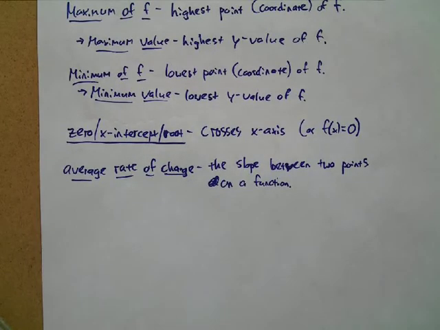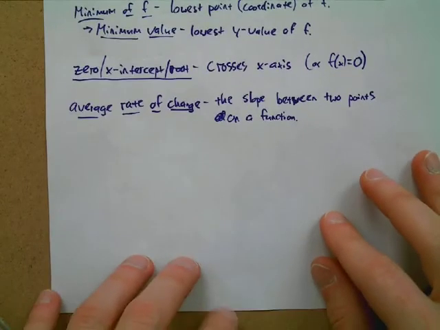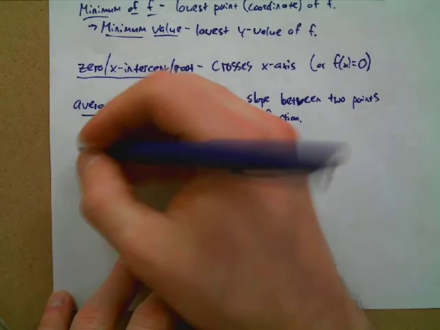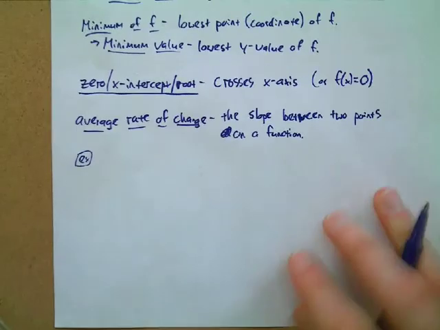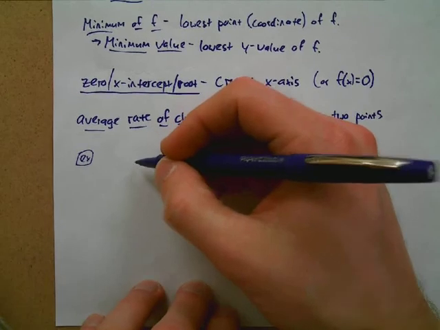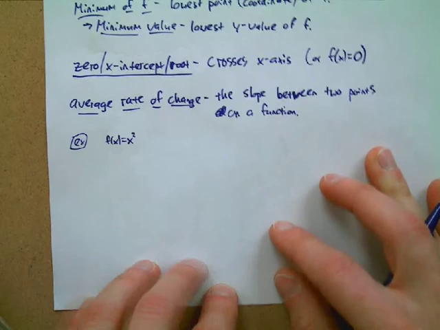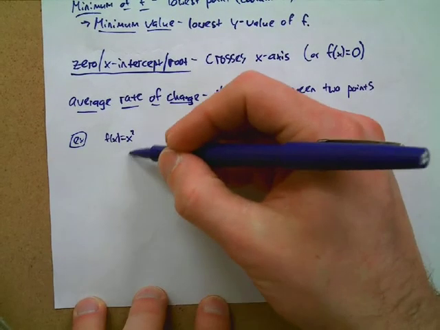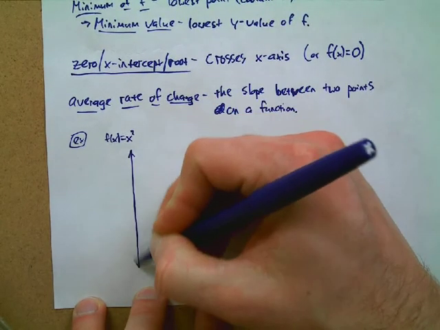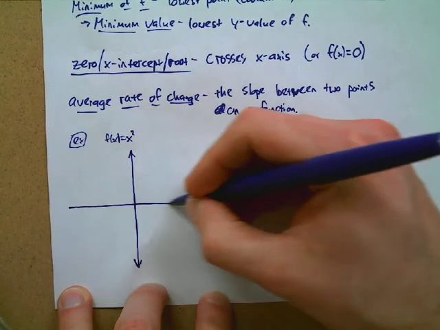Okay. So, let's do an example here together, and then we'll cut you loose for the homework. All right? And I'll just do the basic parabola here. We'll do x squared, okay? Our function for this unit is actually going to be the absolute value function. We'll get into that after the quiz.